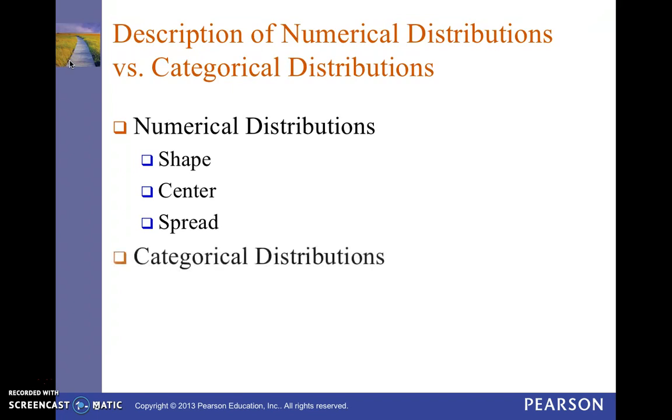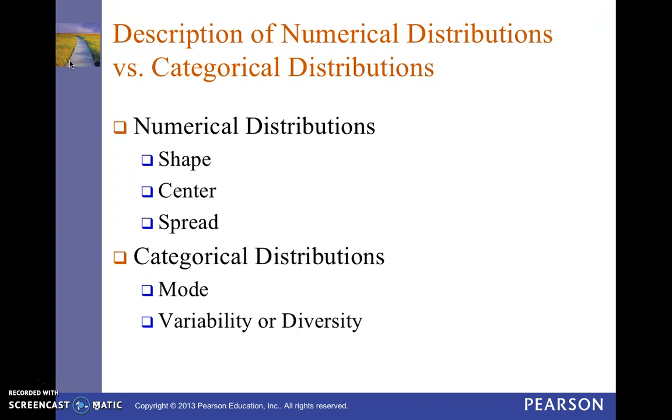In terms of categorical distributions, it's a little bit different. Generally, we're interested in something called the mode, which is kind of like a substitute for the center. So the mode would be the most frequent category that appears in our distribution. We're also interested in variability or diversity, which is sort of akin to the idea of spread.